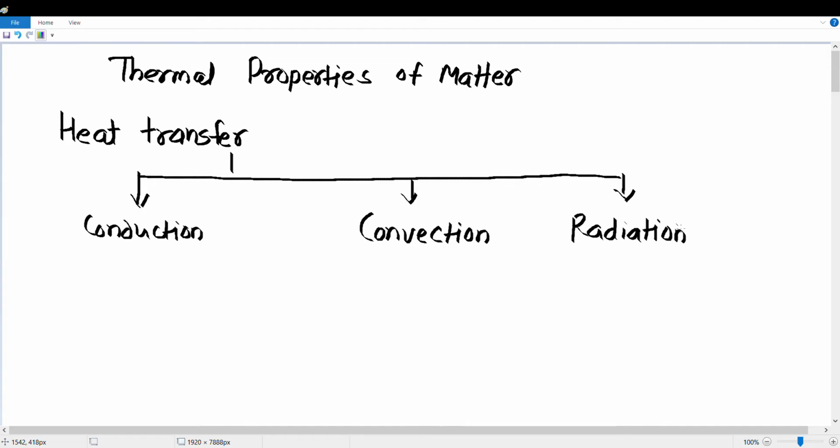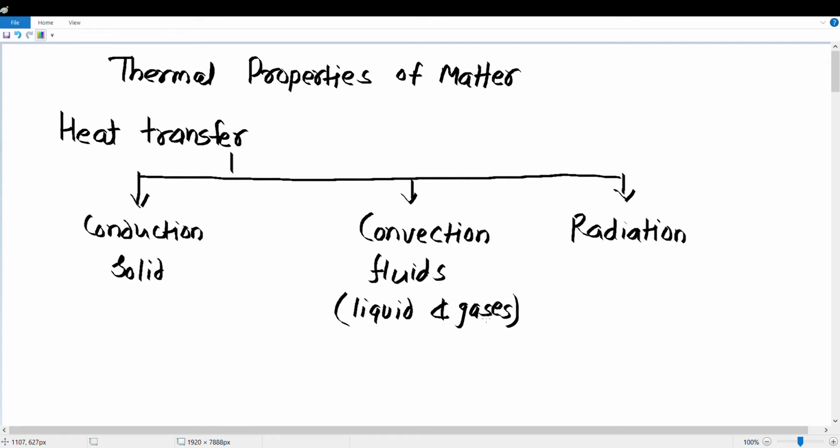The heat is transferred from one point to another point in a solid in the form of conduction. For fluids, what are the fluids? The fluids are liquid and gases.